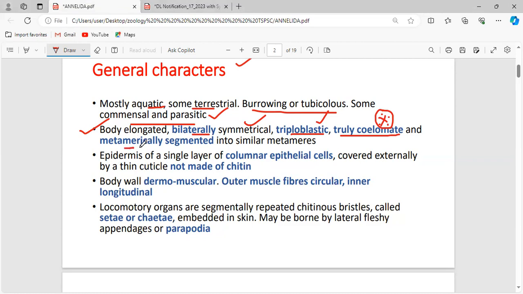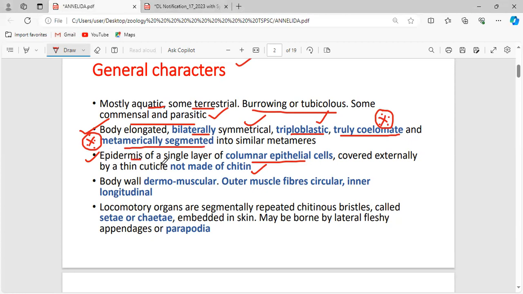And metamerically segmented. This can also be asked in your question: which organisms show perfect metameric segmentation? The phylum Annelida. The epidermis of a single layer of columnar epithelial cells is covered externally by a thin cuticle not made up of chitin.